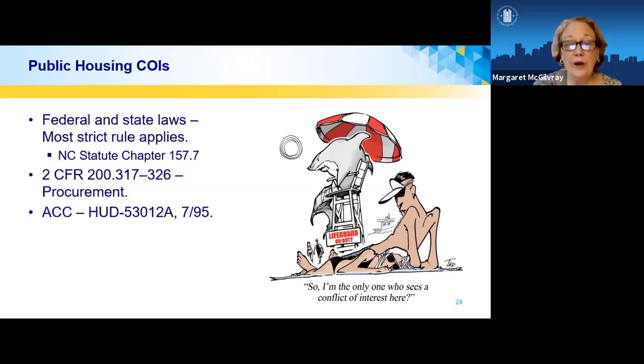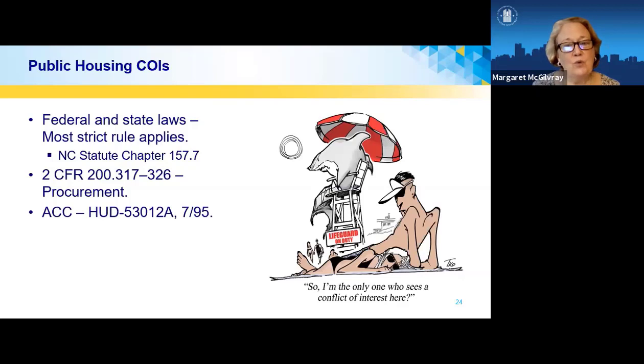Basically the conflicts of interest provisions around procurement of property and services, as well as the selection of your legal counsel, is in 2 CFR 200, and requirements around employees' written standards and how they hold or protect against conflict of interest is also in Part 200, but in 319.